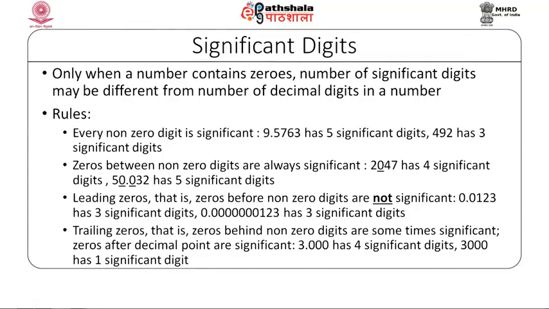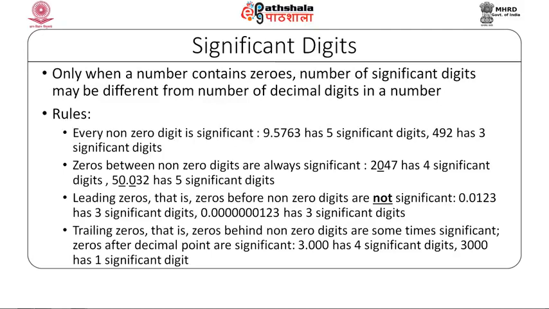So, let us learn the rules one by one. When is a digit said to be a significant digit? The first rule is every non-zero digit is significant. If a number does not have a 0, all the digits are significant. For example, 9.5763, all the digits are significant, it has 5 significant digits. Similarly, 492 has 3 significant digits.